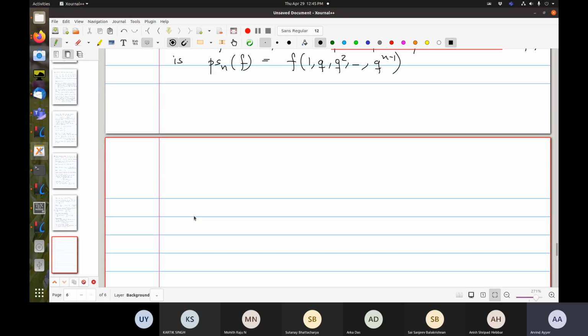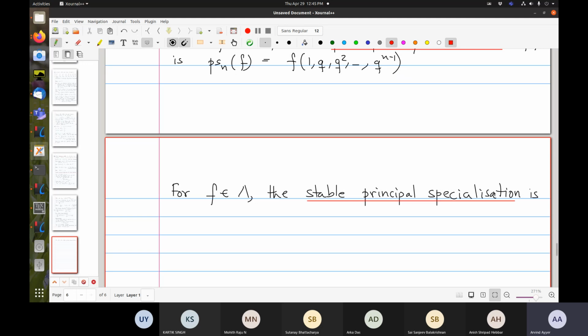The stable principal specialization is the limit of these as n goes to infinity. So for f in lambda, the stable principal specialization is ps of f, which is f evaluated at 1, q, q squared, and so on.